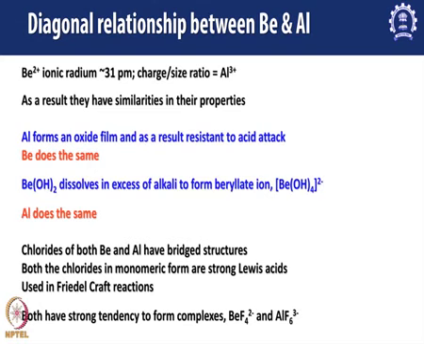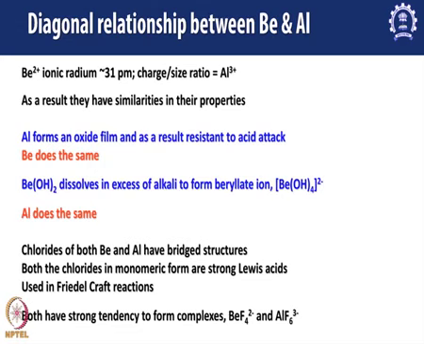So, beryllium hydroxide dissolves in alkali to form beryllates, that is, [Be(OH)4]2-. Aluminum does the same. Under strong alkaline conditions, aluminum trihydroxide, which is insoluble, forms aluminum tetrahydroxide, which is soluble, and the chlorides of both beryllium and aluminum have bridged structures.